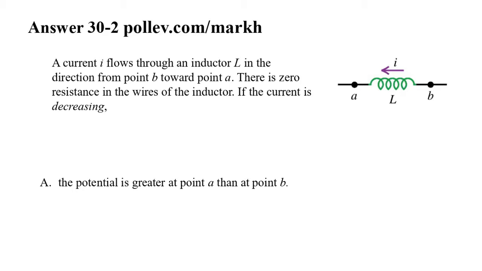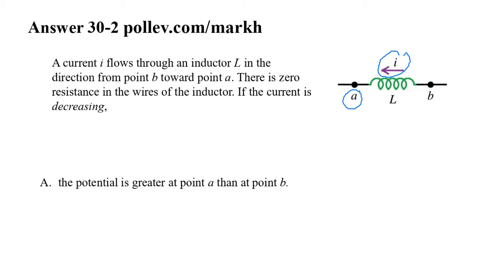So we've got our current here, and if that's decreasing, then we're going to have a higher potential at A to oppose that decrease.